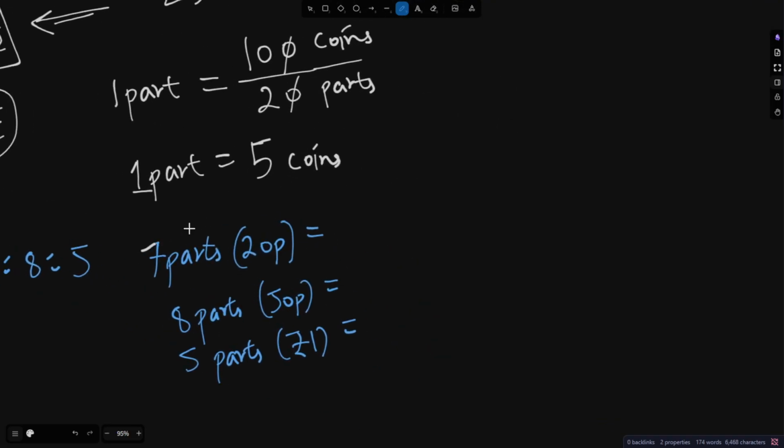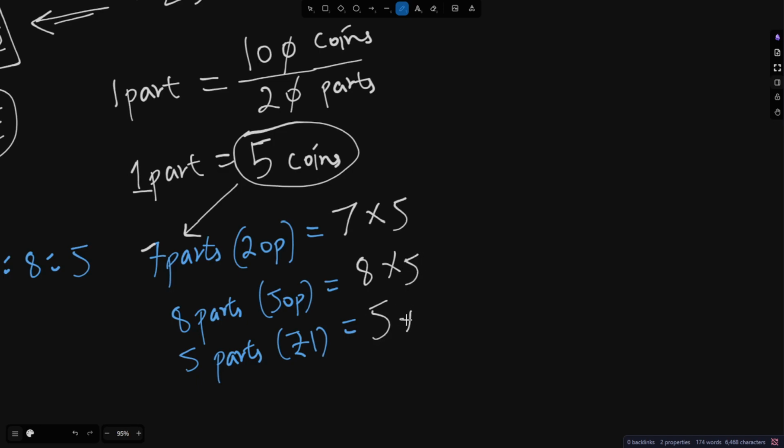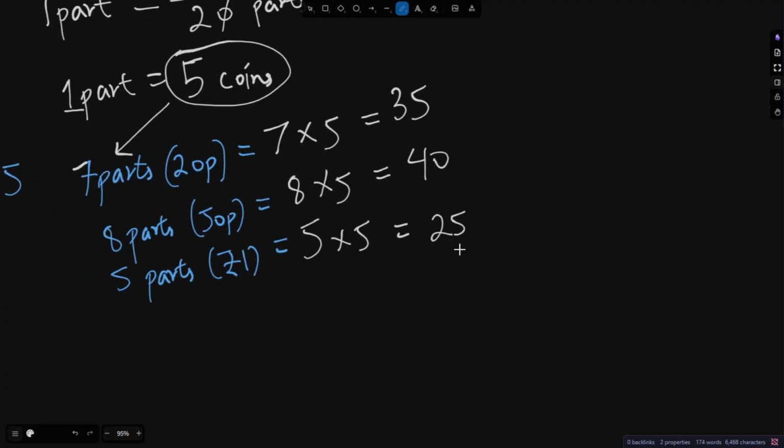We already know how much each part holds. So if we want to find the total number of coins, we just have to multiply 7 with 5 here, here 8 with 5, and we can multiply 5 with 5. So that's 35, that's 40, and that's 25. So this is just the number of coins.